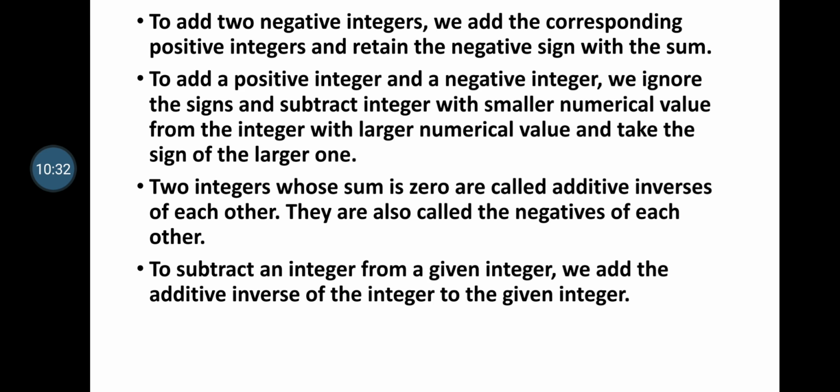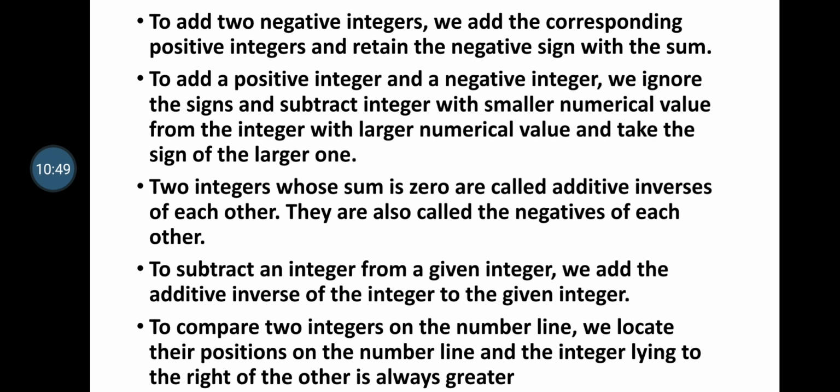To subtract an integer from a given integer, we add the additive inverse of the integer to the given integer. Okay, so this I already explained to you. To subtract, you will take the additive inverse and add it. So that's what this point says.